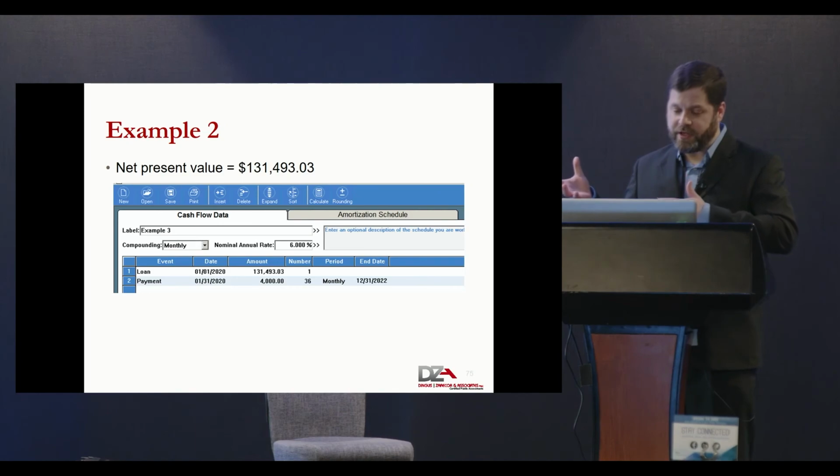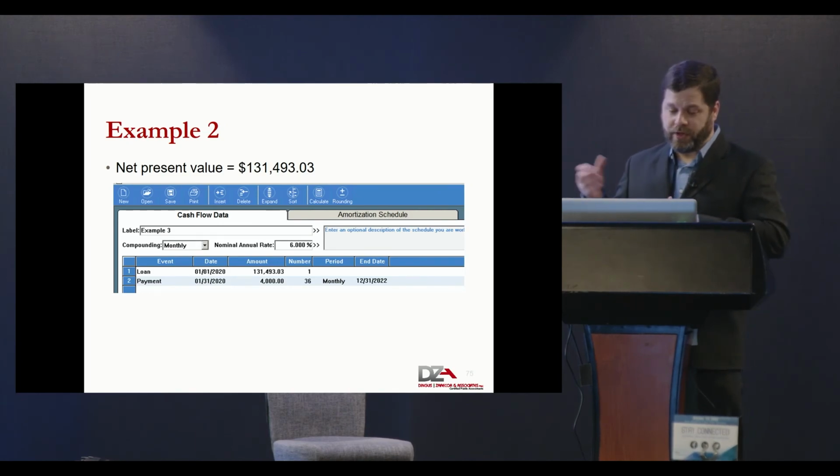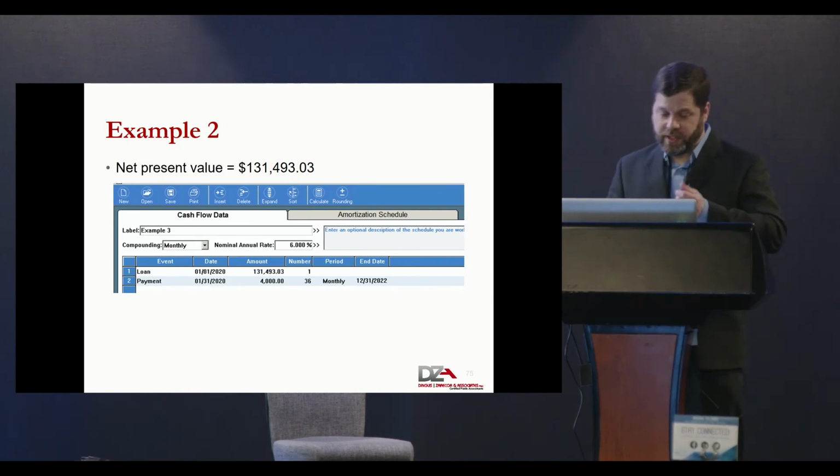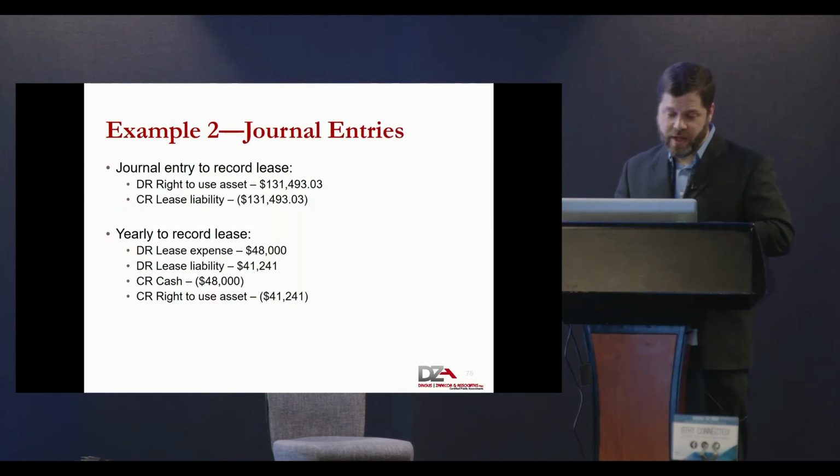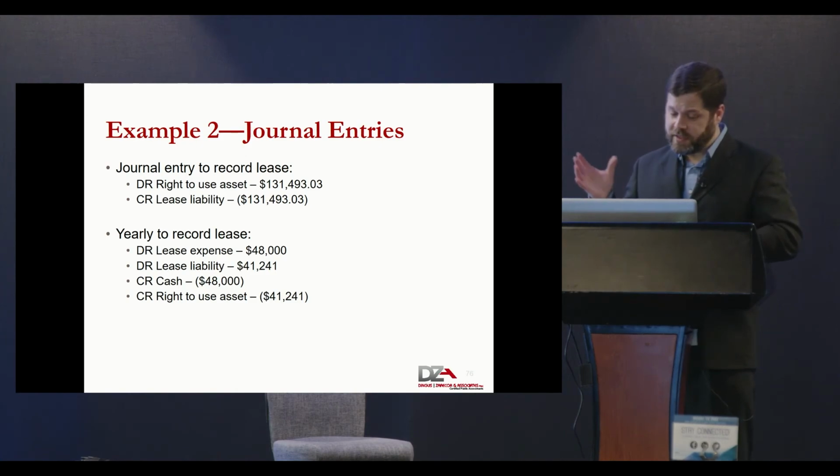So you could enter that in your Excel or your amortization software, and you get the present value of $131,000. So you would record that as the asset and the liability. That lease expense would just be that $48,000, which is just the total payments divided by the 3 years.